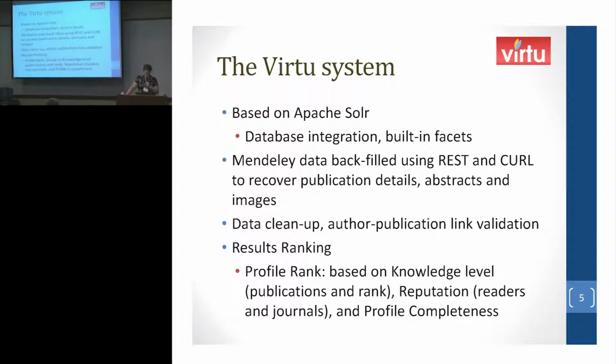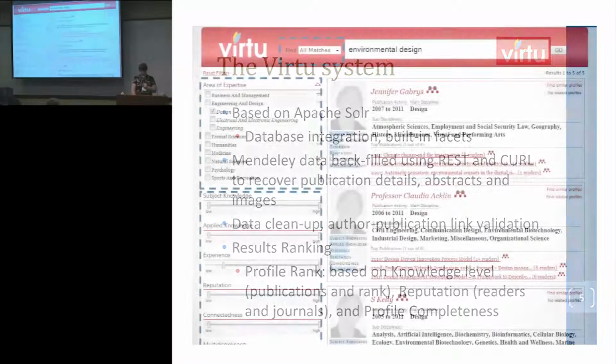We also boosted profiles that had more complete profiles, which is kind of cheating in a way, but it's a user experience approach: people are going to get the richer profiles coming closer to the top because there are so many very bleak profiles. We wanted to do that to support a better user experience.